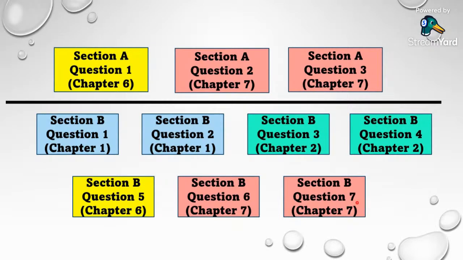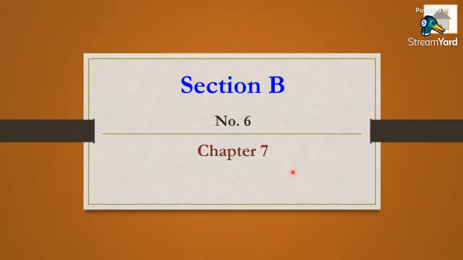So you need to be very careful and try to understand what is going on in the questions before you try to solve. Maybe you need to draw a diagram in order to achieve that. So next, let's go on with question number 6 in section B.